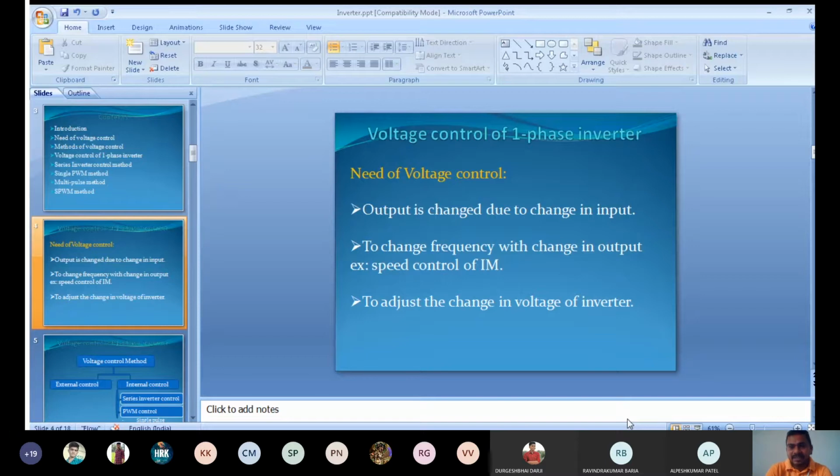These are the requirements of voltage control, that is why it is required. If we need the desired output voltage and frequency of the inverter, we have to control the voltage, whether with the inverter itself or outside of the inverter.